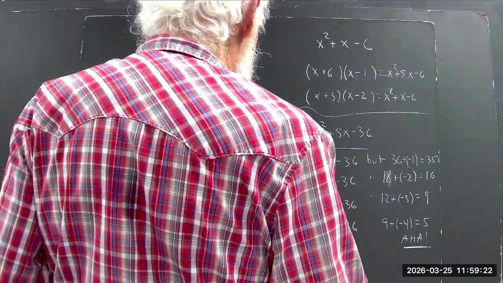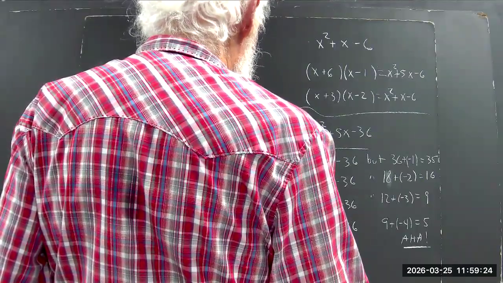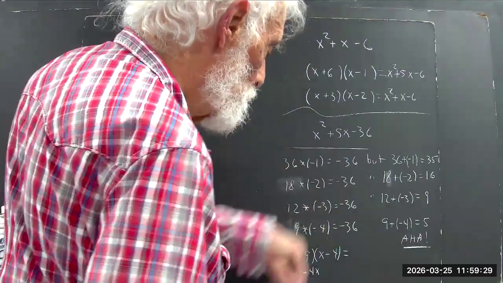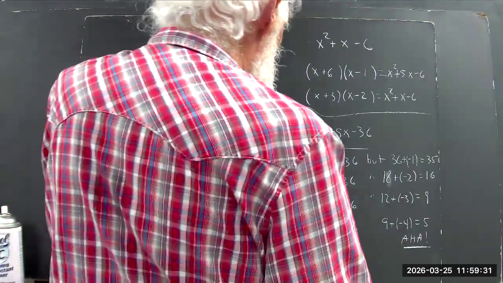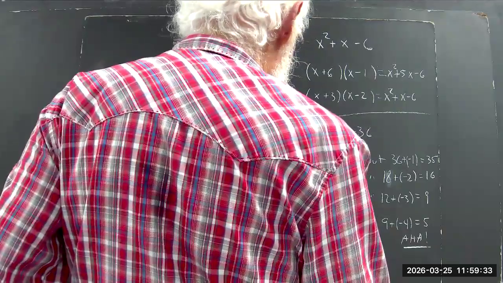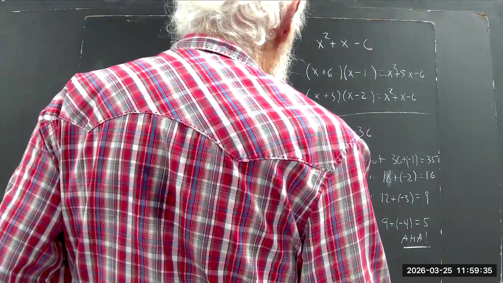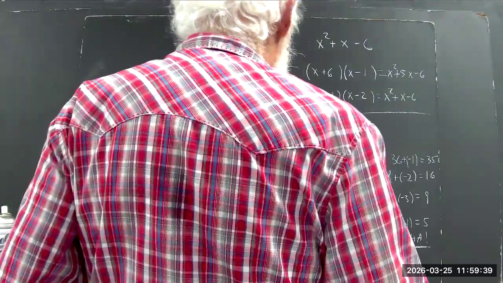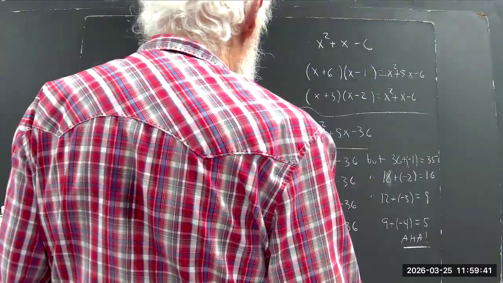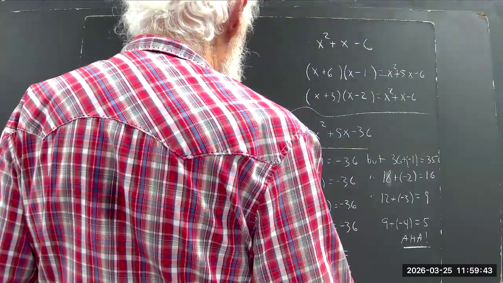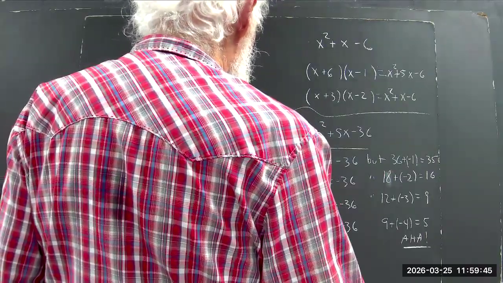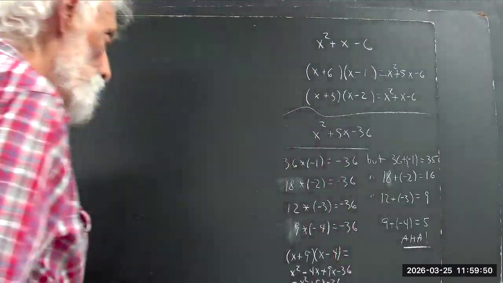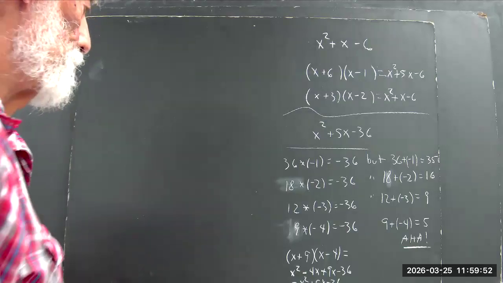If I do x squared minus 4x, multiply the x by the x minus 4, and then the 9 by the x minus 4 gives us 9x minus 36, and that, of course, equals x squared plus 5x minus 36.